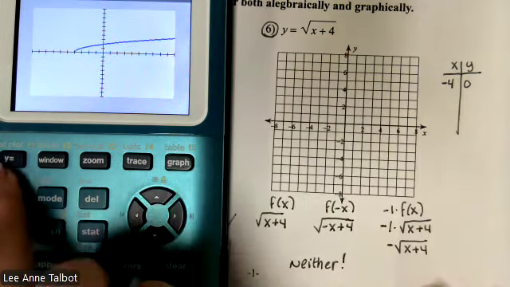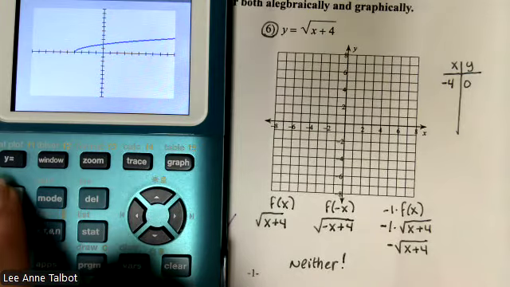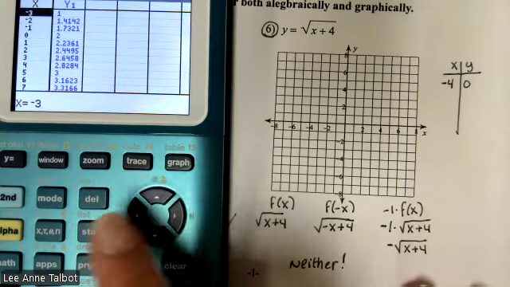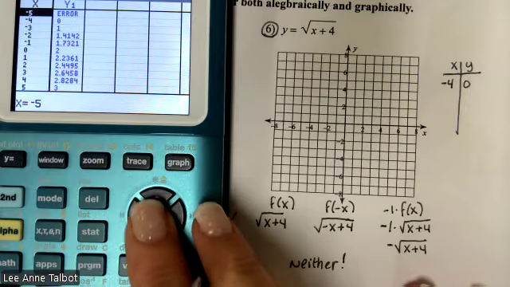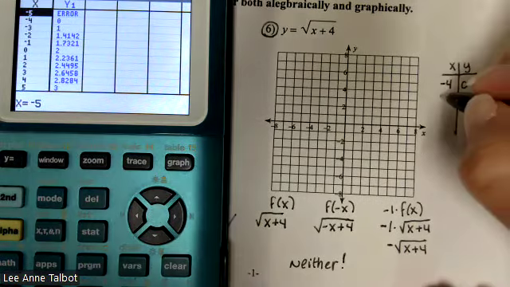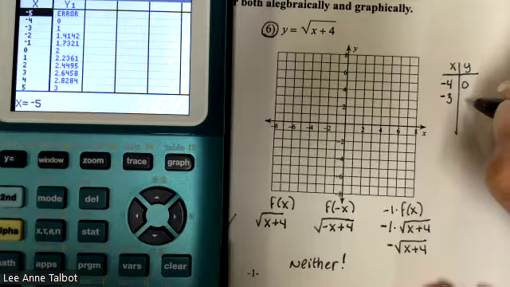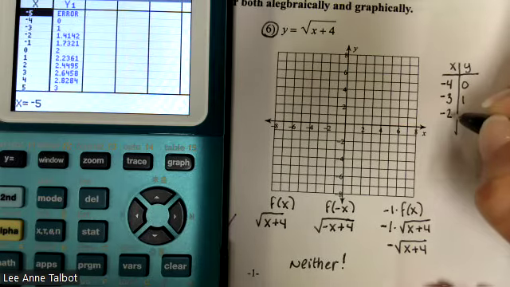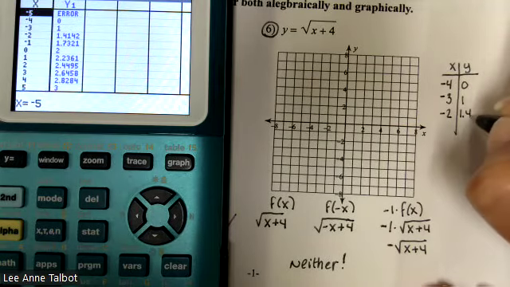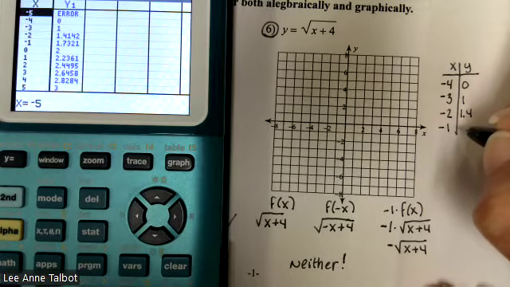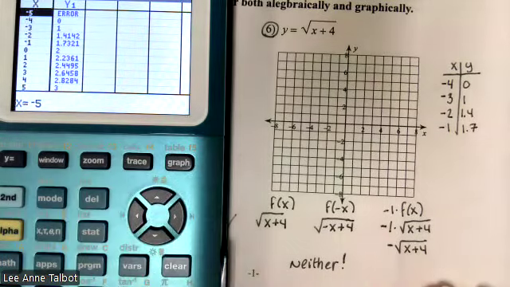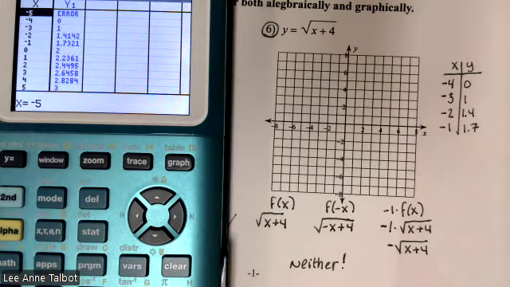Now I'm going to cheat and go second graph and write down a couple other coordinates for me to graph. Second graph.